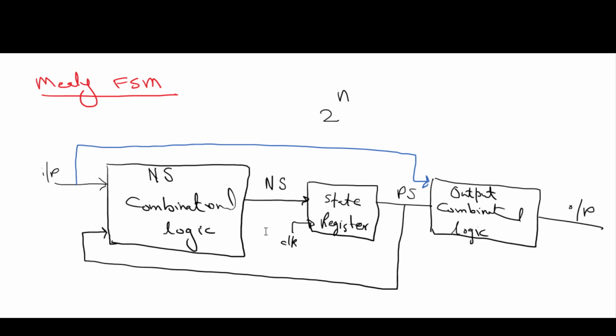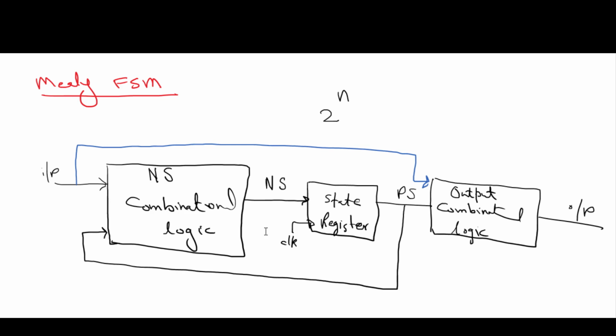We have just seen two types of clock waveforms. One is symmetric and another one is asymmetric. If you apply the clock to your state registers, what you get is you get synchronous sequential machines, which are commonly known as finite state machines, because their state registers have finite number of states which are equal to 2 raised to power n, where n is the number of flip-flops or number of bits that your state register can store.